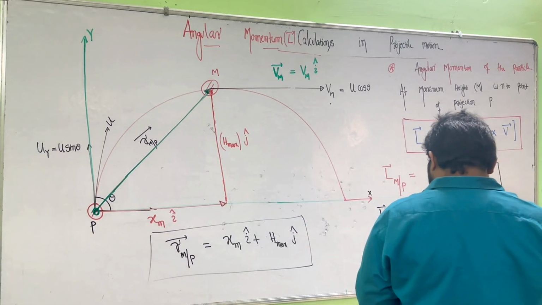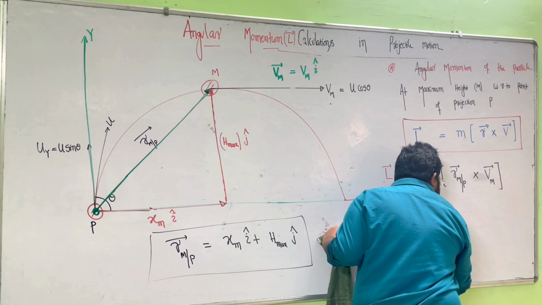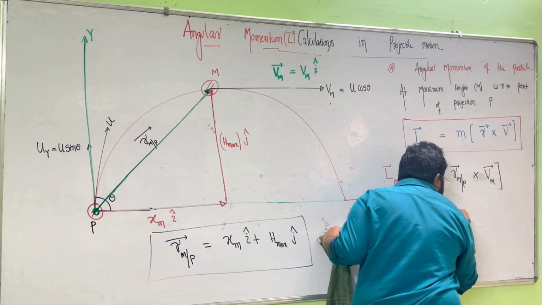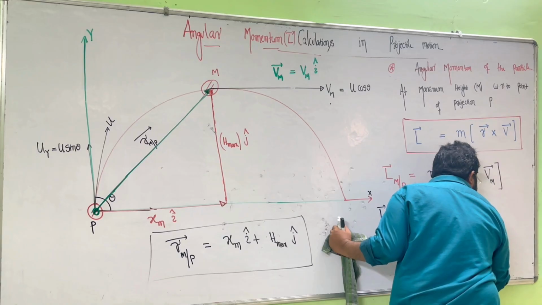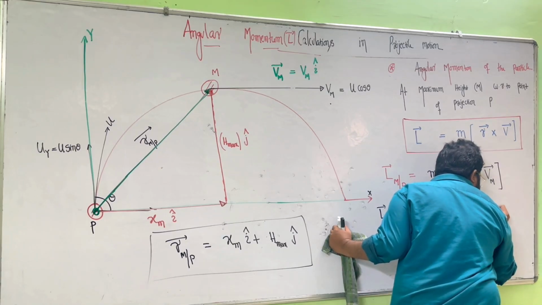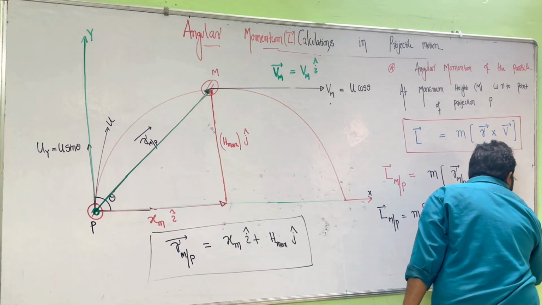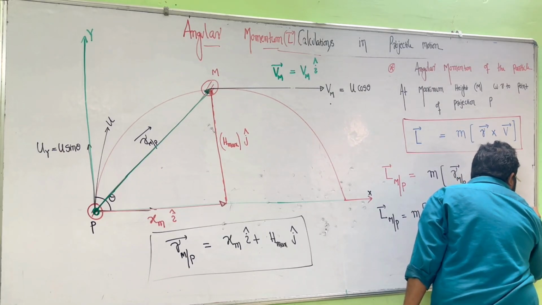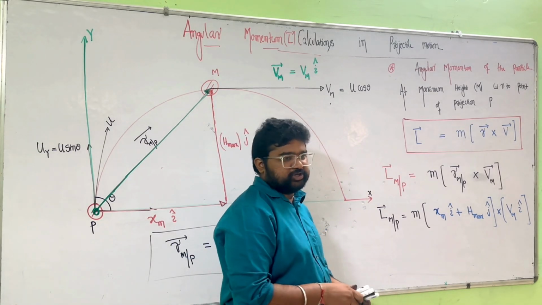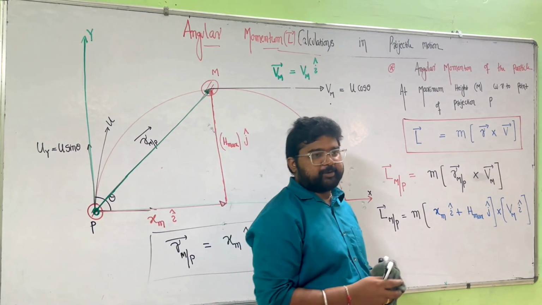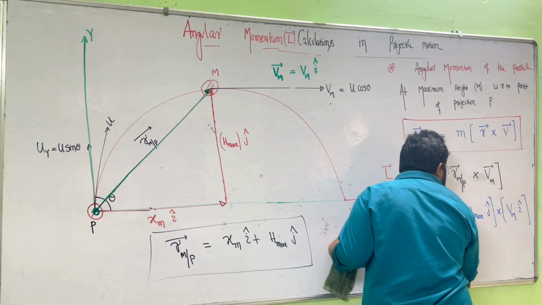This is Xm I cap, plus maximum height J cap, crossed with VM I cap. I cap cross I cap is 0, J cap cross I cap is minus K cap. Okay, see this part will become 0 now.